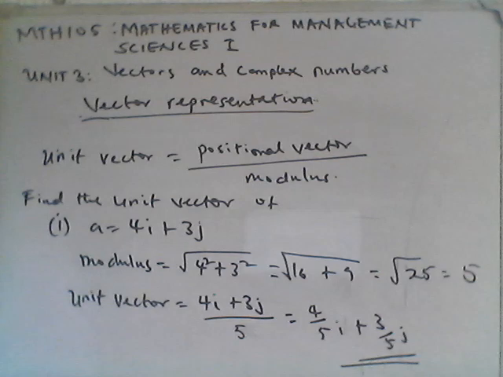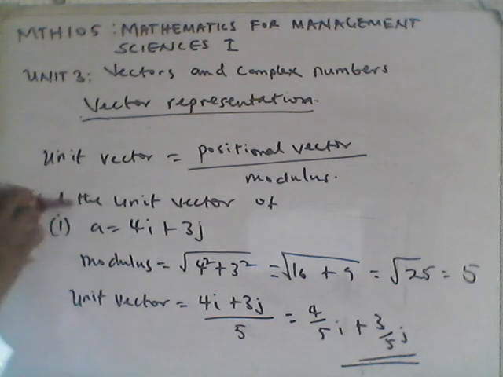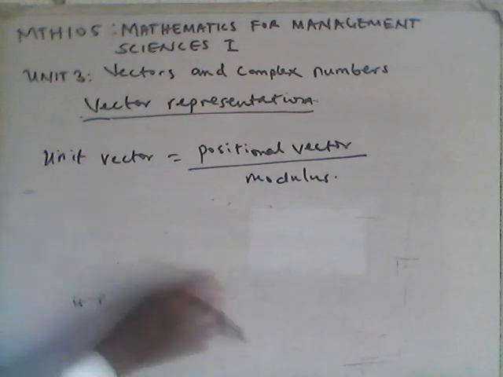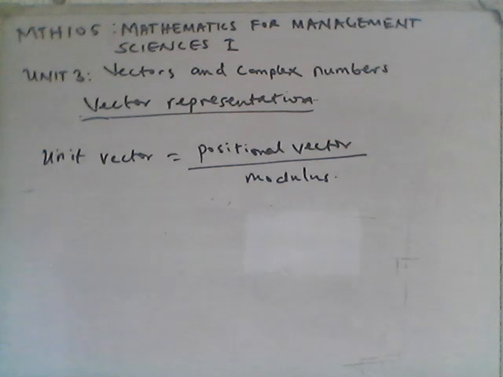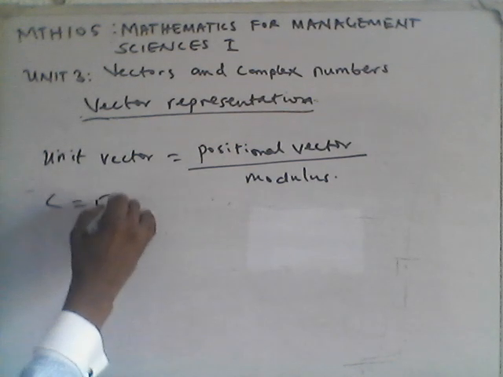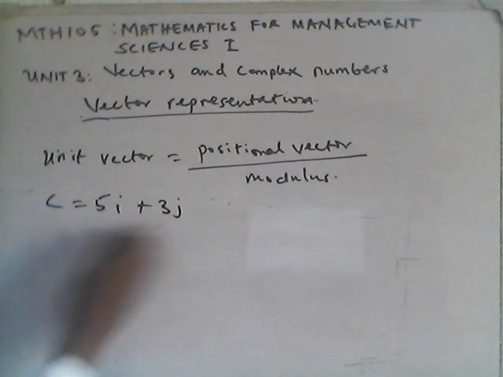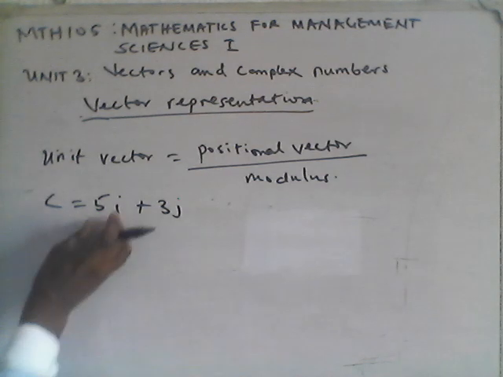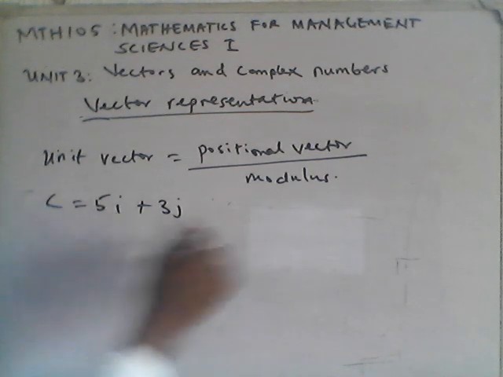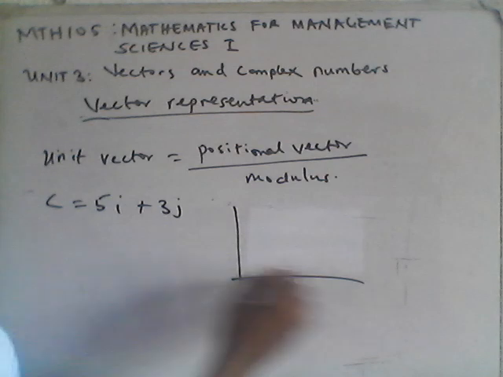Okay, so if I say find the unit vector of C is equal to 5i plus 3j. Again, this 5 is telling us that object C is, not 5 cm, please.